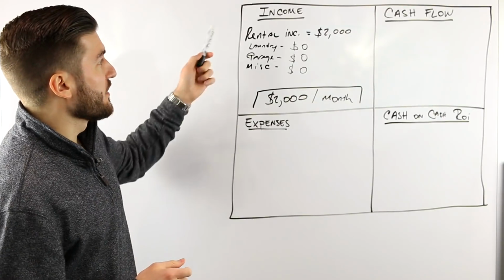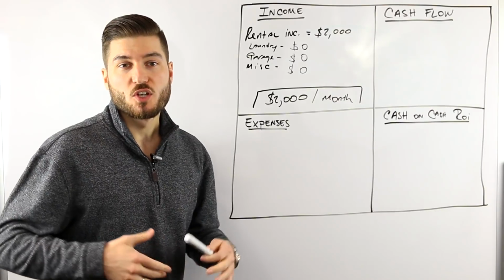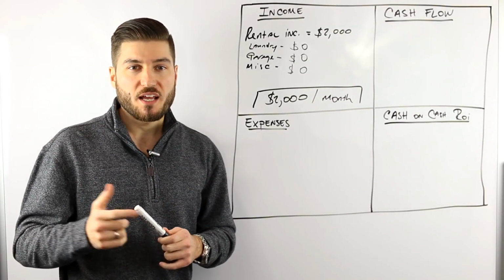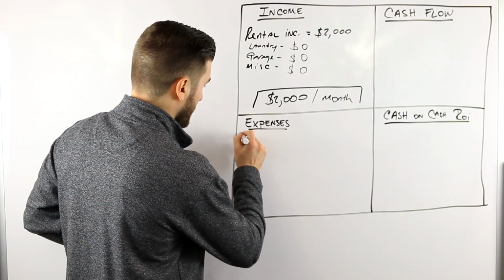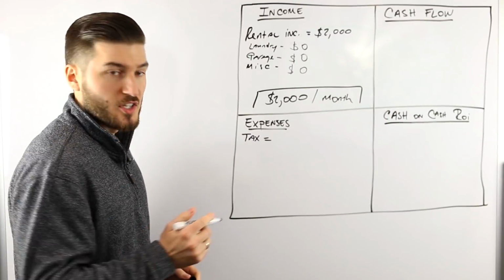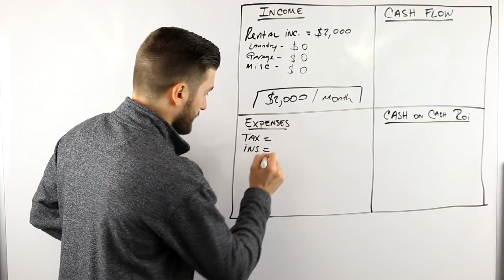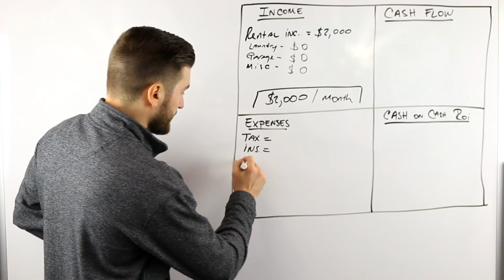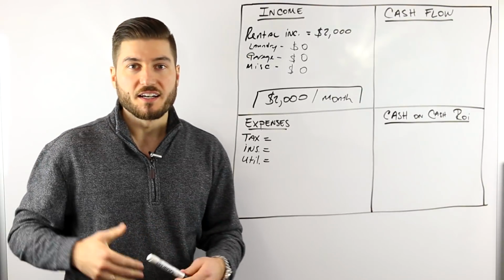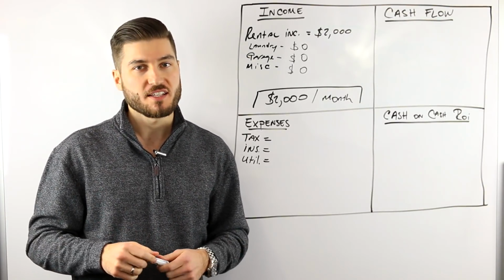Now with income, there's obviously the opposite of that, which are expenses. So what are some expenses that you can incur? You can have tax. There's tax on the property. There's going to be insurance. There's going to be your utilities. Utilities include things like gas, water, sewer, electric, garbage, things like that.